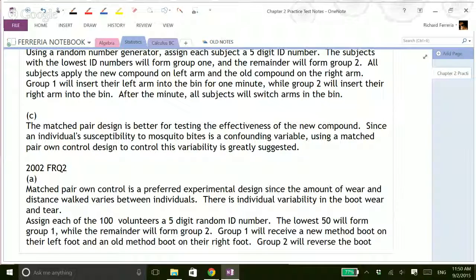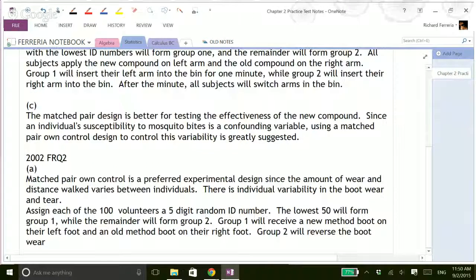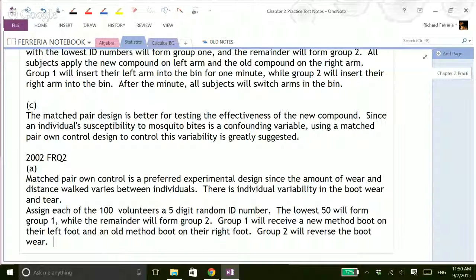Is it really necessary to randomize which boot goes on which foot in this case? It's going to make a very marginal difference. Is it? You never know that. People might put more stress, more weight on one foot. It shows you know how to verify things.